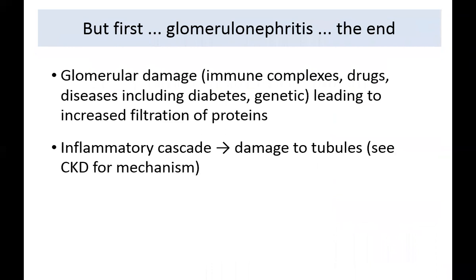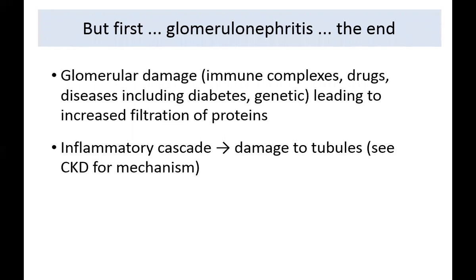Let's finish off the glomerulonephritis. And when you think about it, we did chronic kidney disease and diabetic nephropathy. That starts off with damage to the glomerulus. That is a glomerulonephritis. This is sort of an extension of that, but certainly chronic kidney disease and diabetic nephropathy come under this heading of glomerulonephritis as well. And it starts off with glomerular damage.